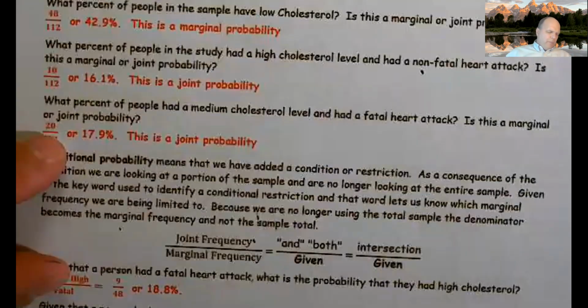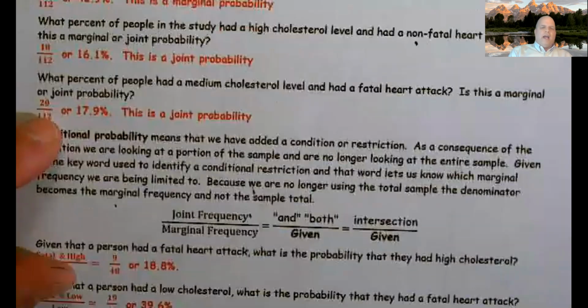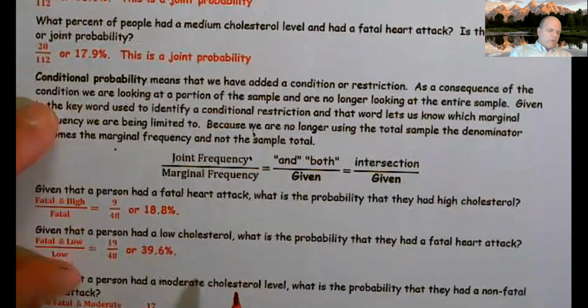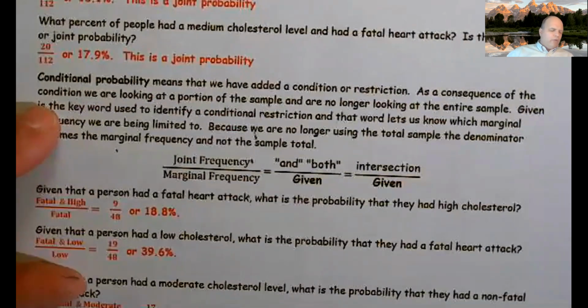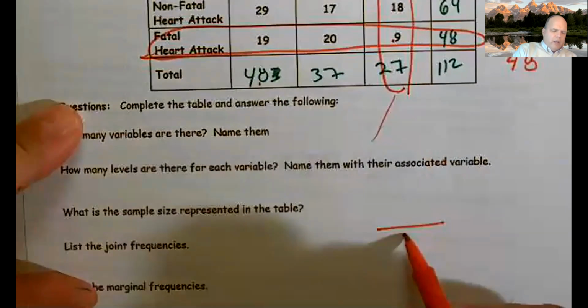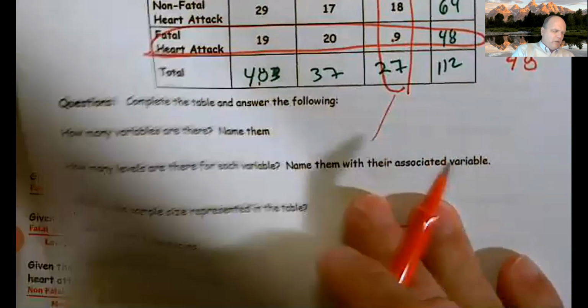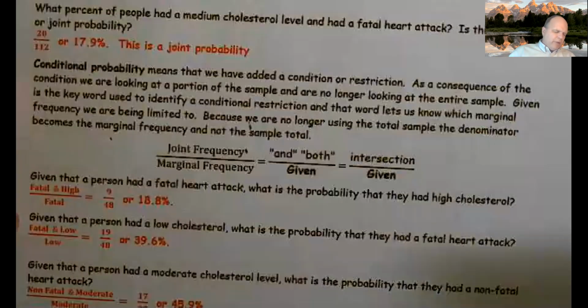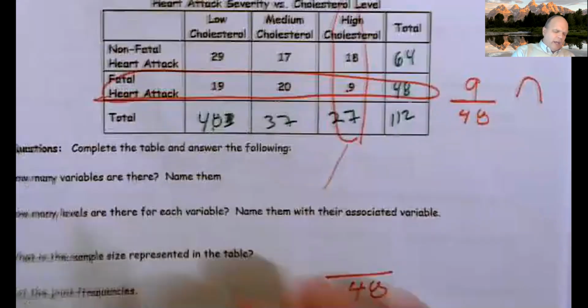The next part: given that a person had low cholesterol, now we're focusing on the low cholesterol family. Low cholesterol was 48, so given that they had low, which is 48, what's the probability they had a fatal heart attack?